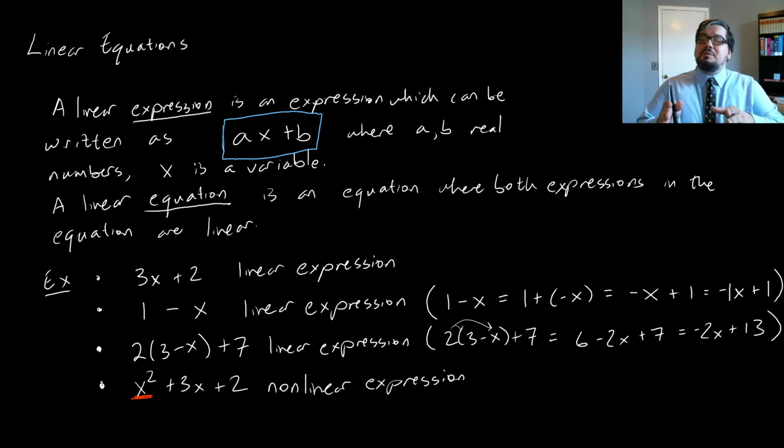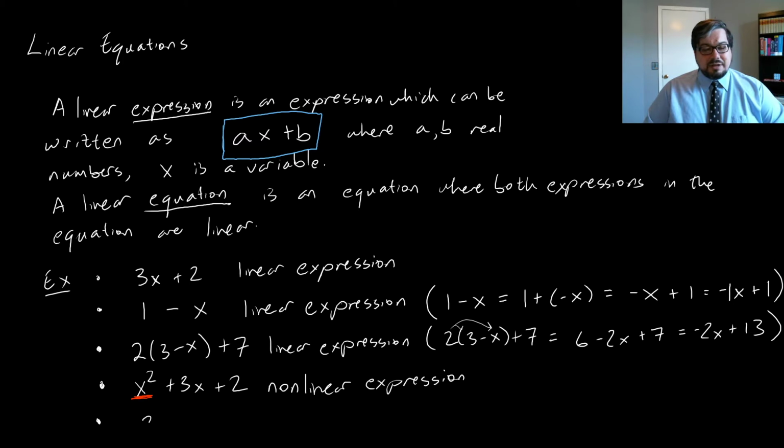It's just the variable is sitting there, not being multiplied by anything else except a number. So when you see exponents other than 1 on a variable, that means that you are probably looking at a nonlinear expression, unless there's a lot of simplification involved.